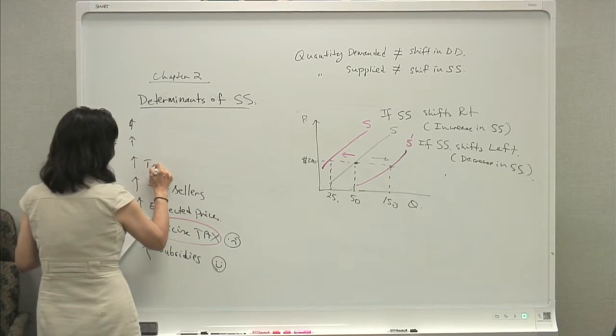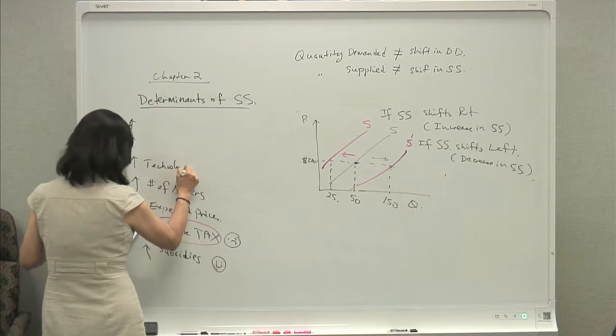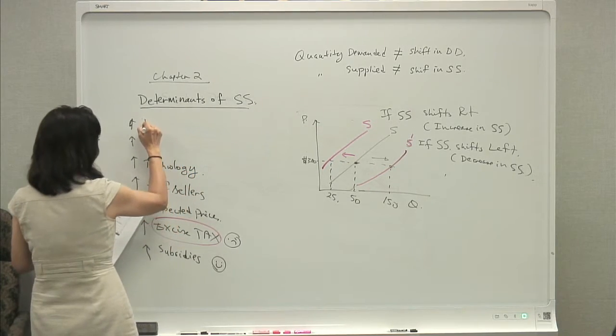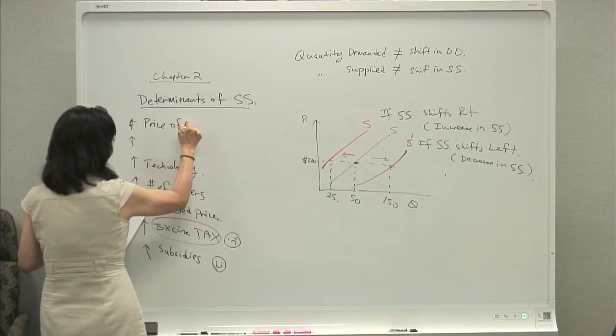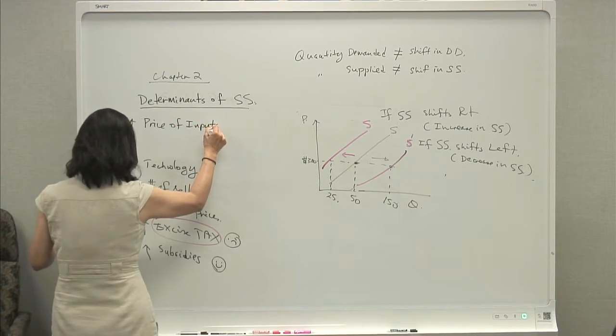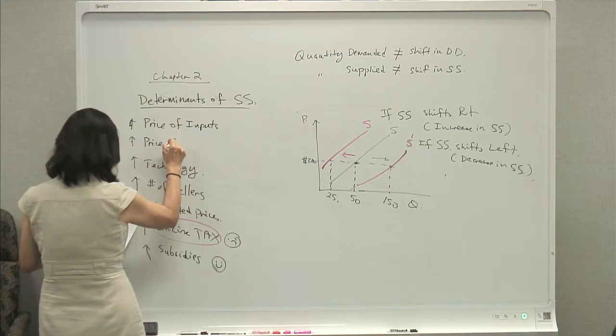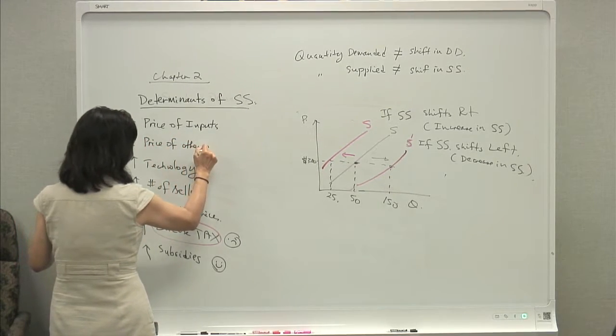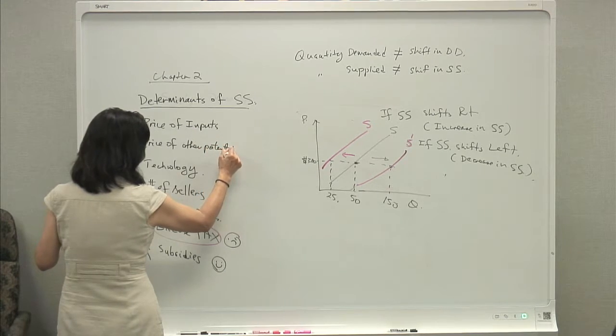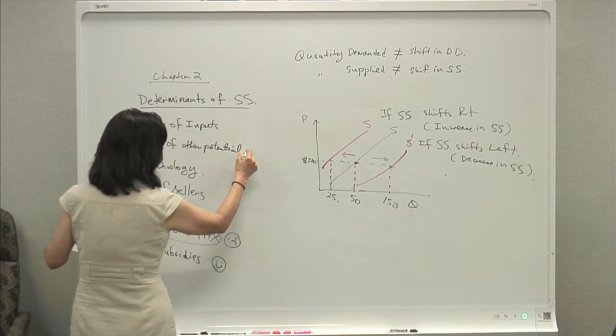So I'm going to put technology here on the supply side, and then price of input or factors of production, and price of other potential input or potential output.